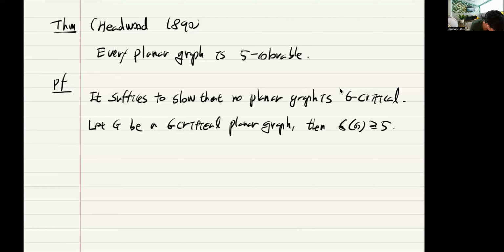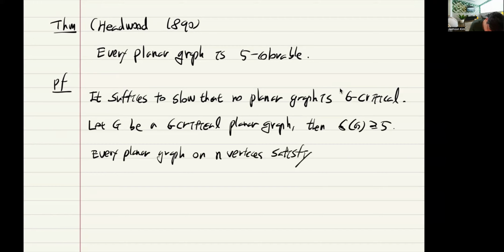We know that every planar graph on n vertices satisfies that its number of edges m is at most 3n minus 6. So that's what we showed last time.